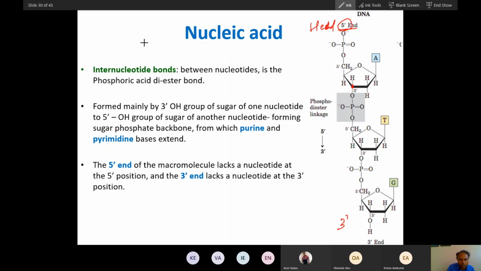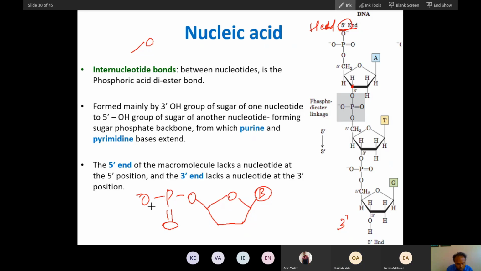I'll draw the structure of the nucleotide, then you will understand, I think. This is the base, this is the phosphate. Okay, so see this.